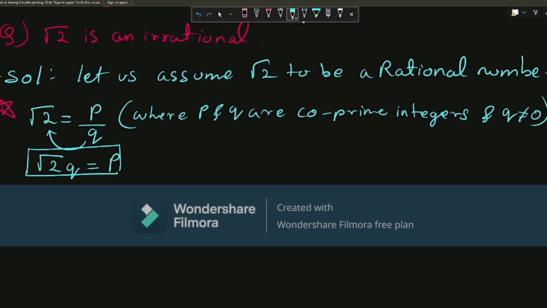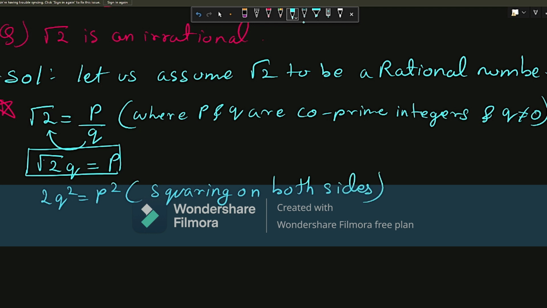Now we will square on both sides: 2 q square equal to p square, and write in brackets, squaring on both sides. Whatever additional steps you're doing, or any steps that are required for you to solve the question completely, write them in brackets. Tell the examiner that you have done all these steps.